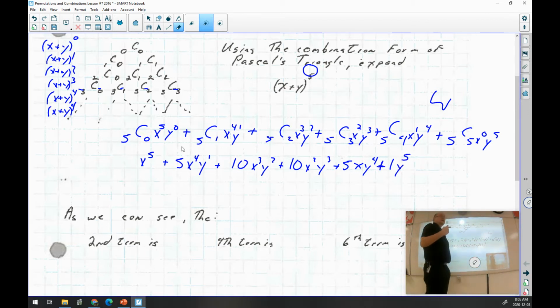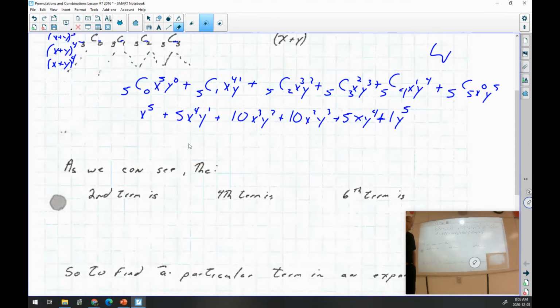Again, I happen to have that rule of Pascal's triangle memorized, so that's the only reason why I was able to do that quickly. Okay? So here's our expansion.